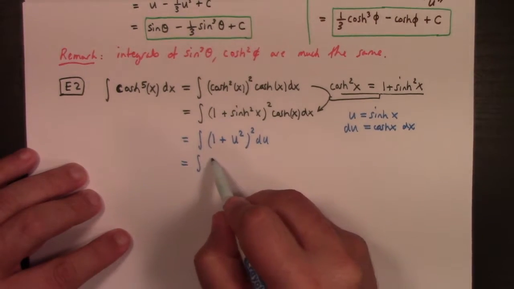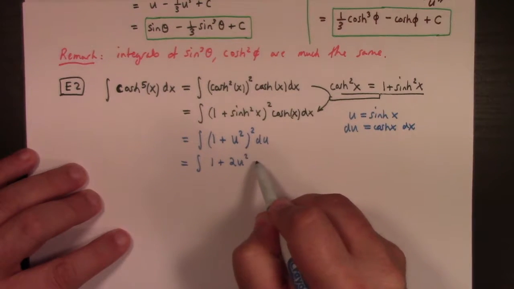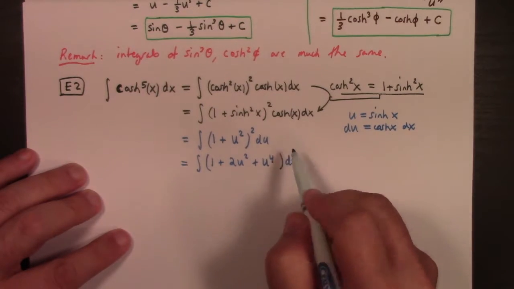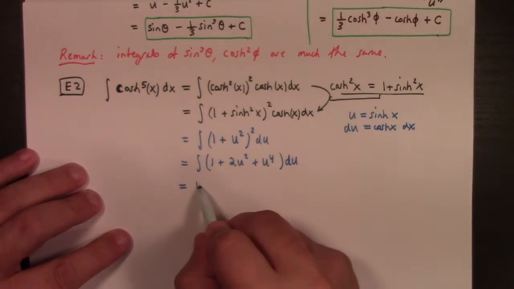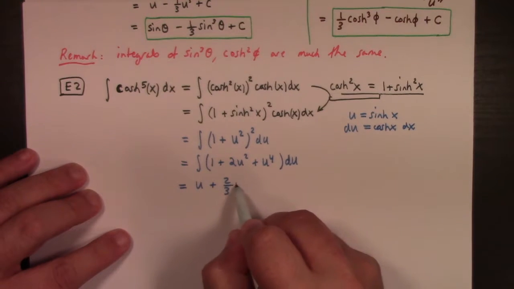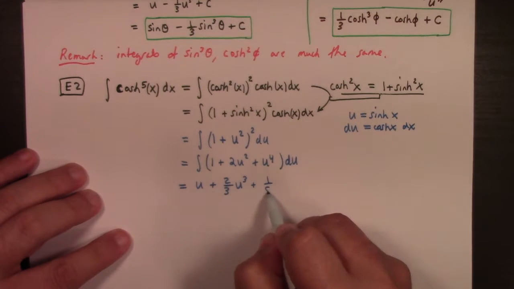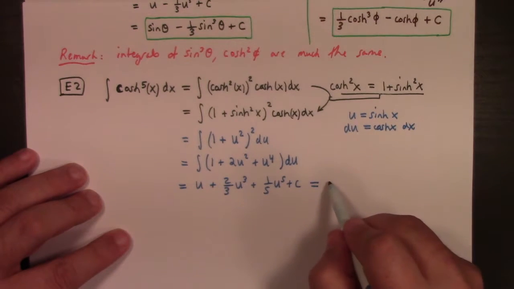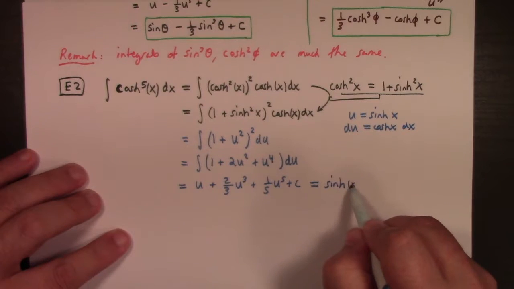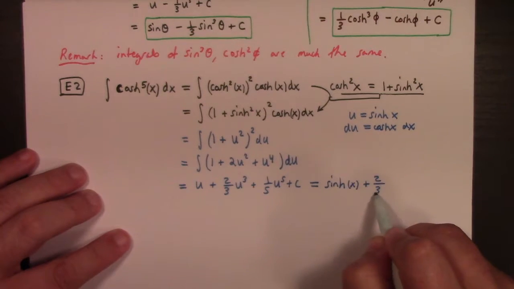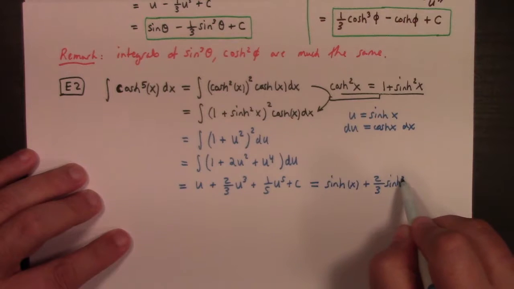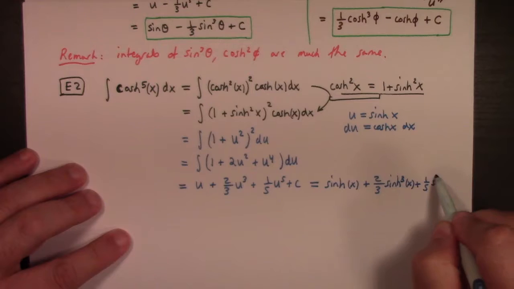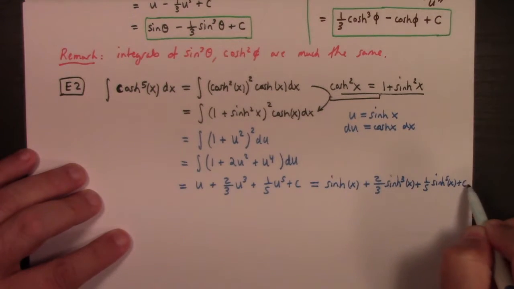Also known as the integral of 1 plus 2u squared plus u to the fourth, multiplying that out. And so finally I'm going to get u plus 2/3 u cubed plus 1/5 u to the fifth plus a constant, and then finally my answer, which would be sinh x plus 2/3 sinh cubed x plus 1/5 sinh to the fifth x plus a constant.